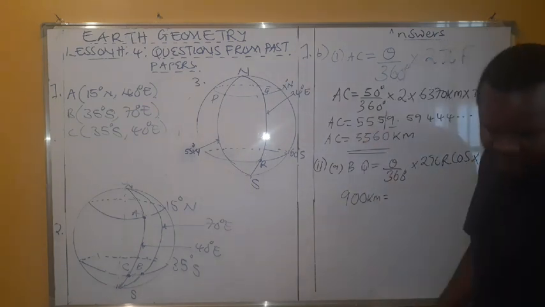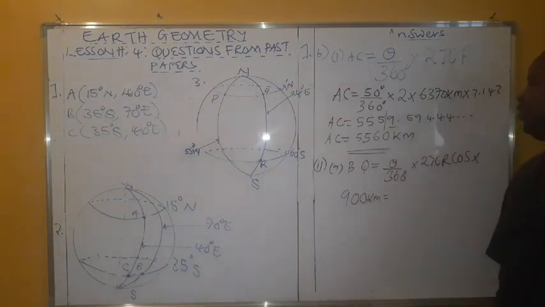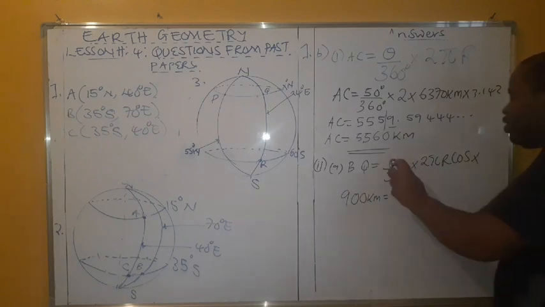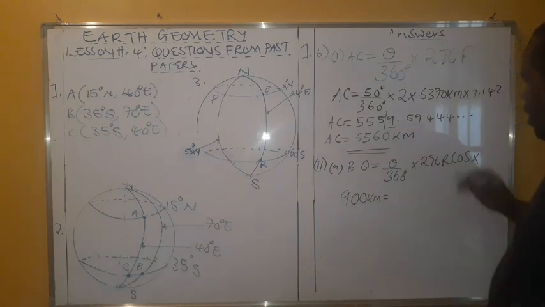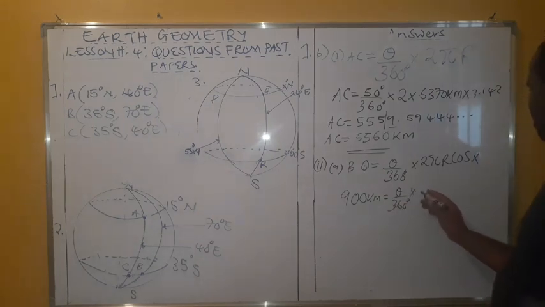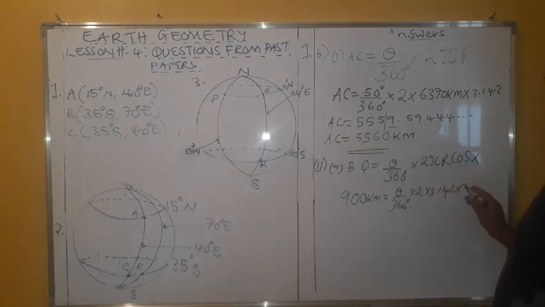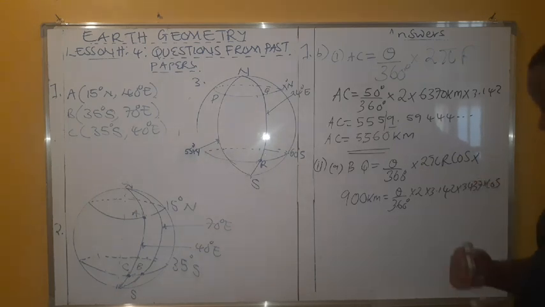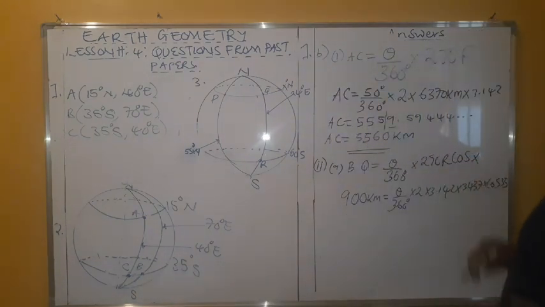So when they ask us to find the difference in longitude between B and Q, they want you to find theta. So we're going to say theta over 360 degrees times 2 times 3.142 times 3437 times cos the latitude, 35.